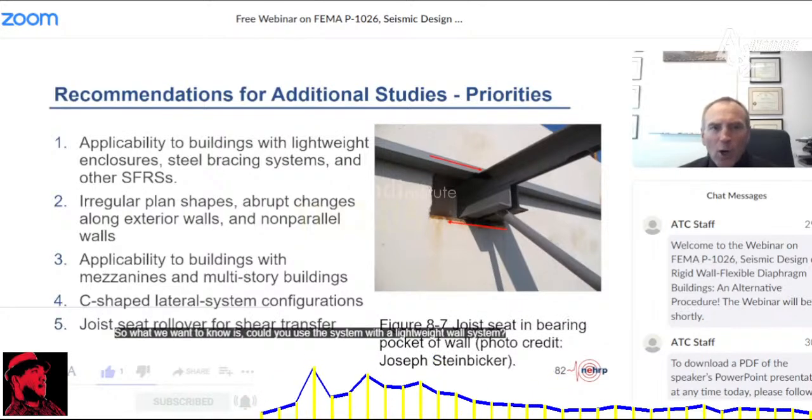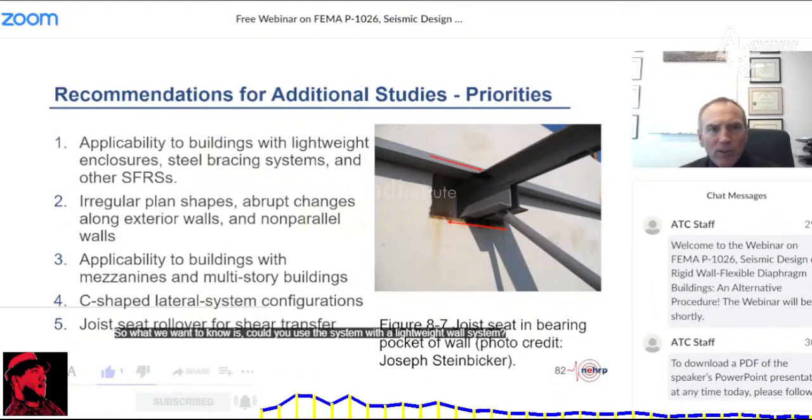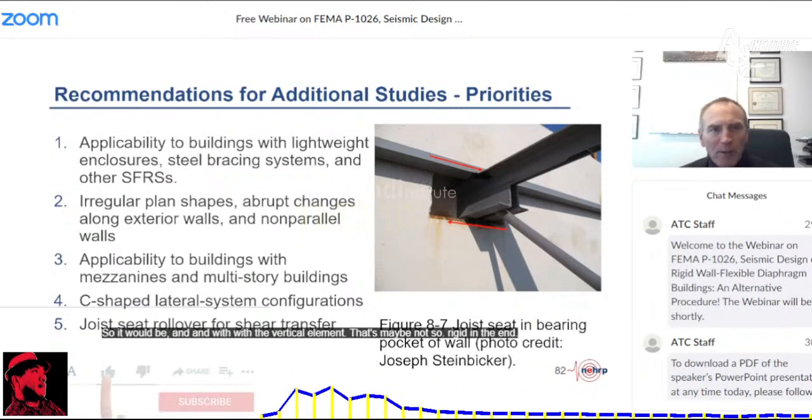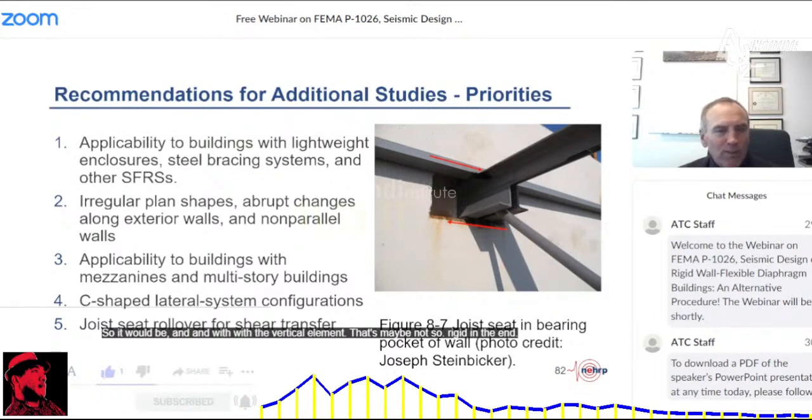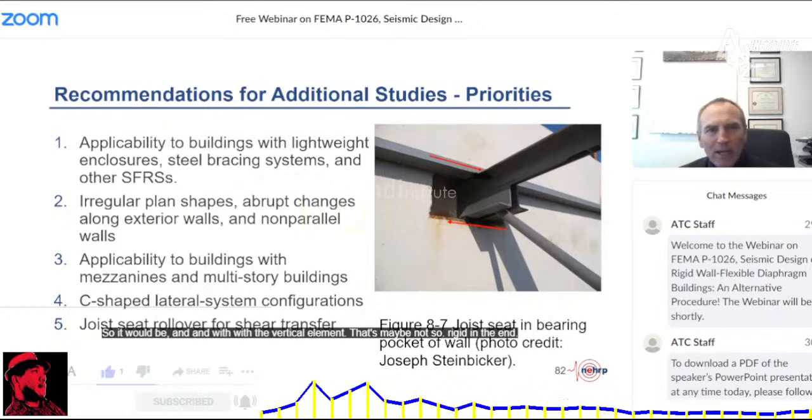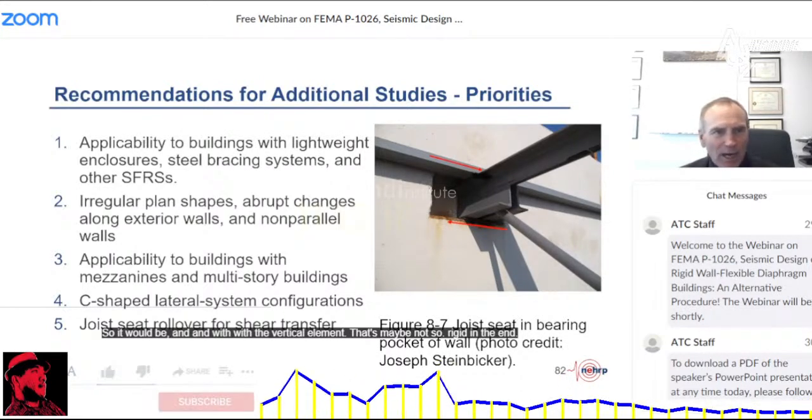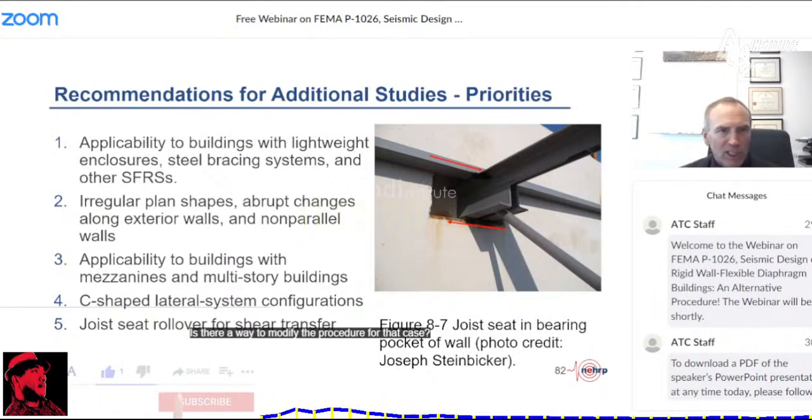What we want to know is, could you use this system with a lightweight wall system, with a vertical element that's maybe not so rigid in the end? Is there a way to modify the procedure for that case?